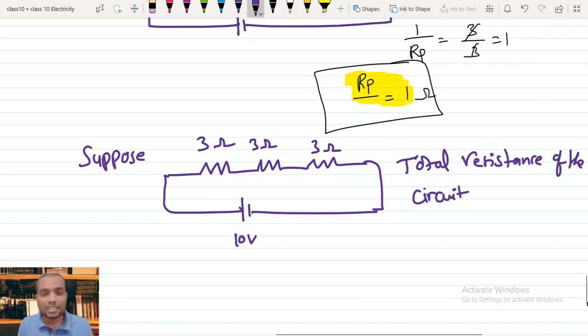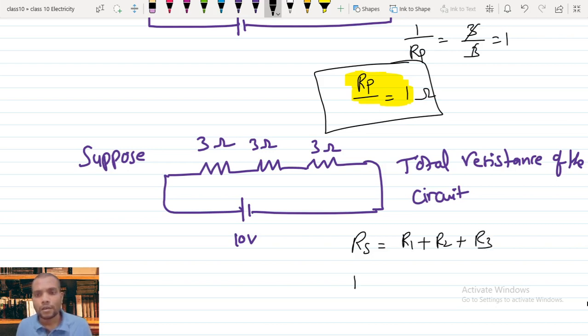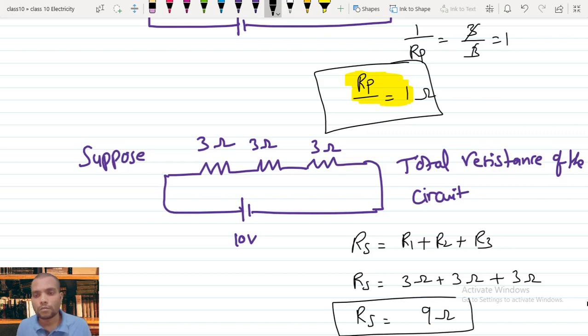Since it is in series, what formula shall I write here? Resistance in series, R suffix S equal to R1 plus R2 plus R3. Now you can just sum up 3 ohm plus 3 ohm plus 3 ohm. Now the series resistance is equal to 9 ohm.